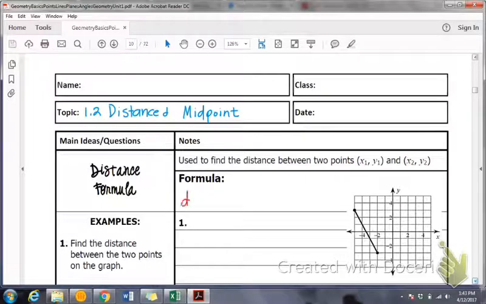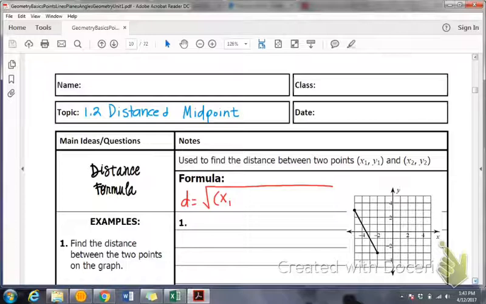We're going to use a lowercase d to represent distance. And then we have a big long square root. Make a big long square root. And then we're going to put x1. This is not x to the first power. This is not an exponent. It's a subscript, which means it's down low, not up high.